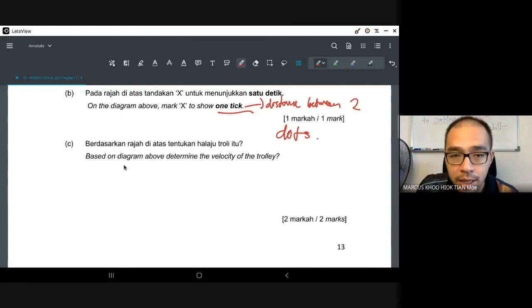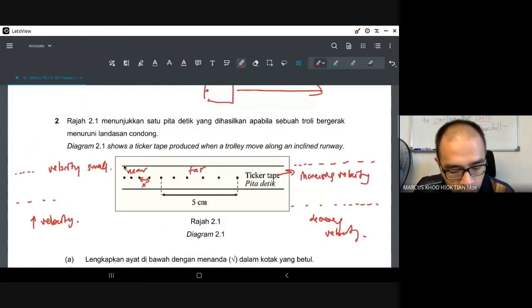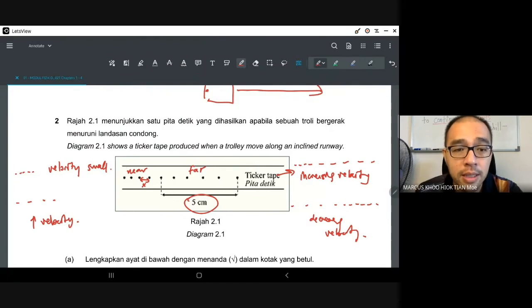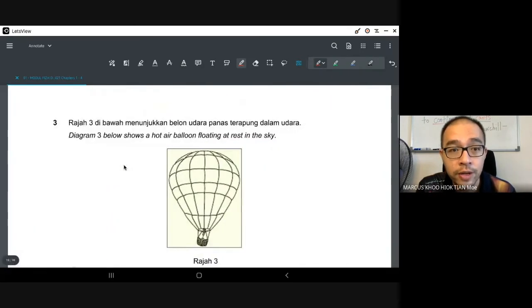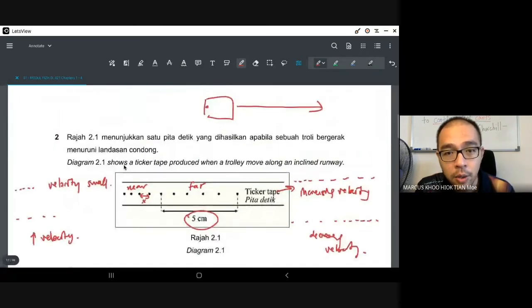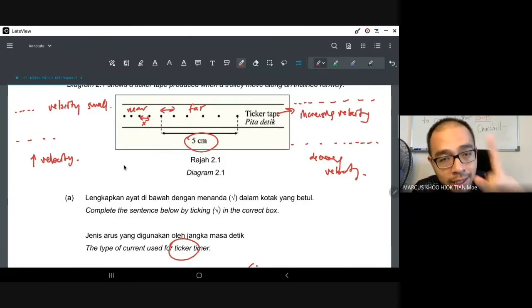So based on the diagram, determine the velocity of the trolley. We're going to use this. But one thing that we need to know, which they're not telling you over here, is that the time between two dots, or the time for one tick, is 0.02 seconds.